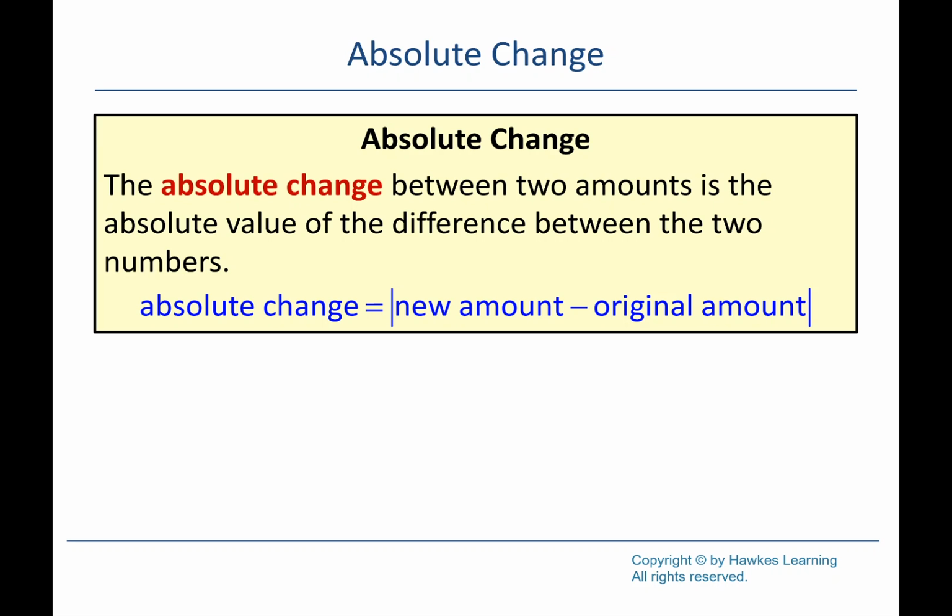And the idea here, all we're doing is we're taking an original amount that something was and a new amount and subtracting. And all we're doing with absolute change is we're taking the absolute value. And so we don't care if our answer is negative, we make it positive. If our answer is positive, we leave it positive. Okay. That's kind of nice. It makes it where we don't care which number we put first in the calculator. Okay. Just know that whatever number you get, we make it positive. Okay. That's absolute change.